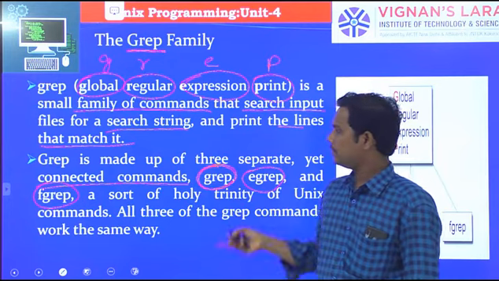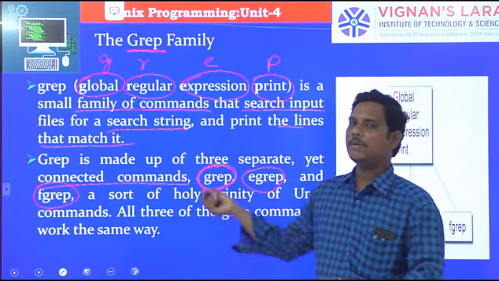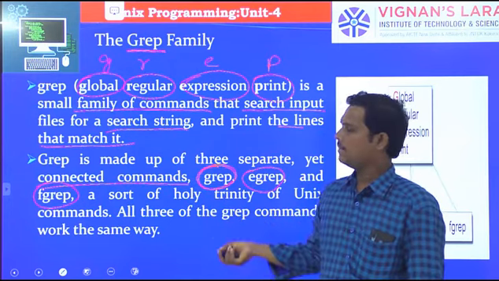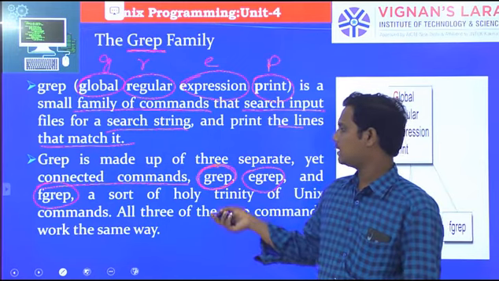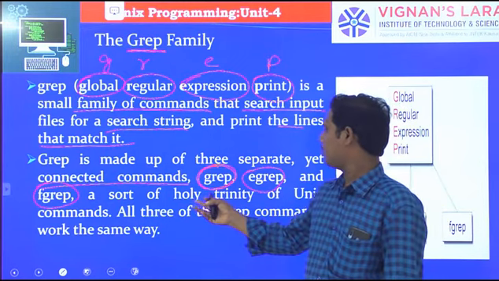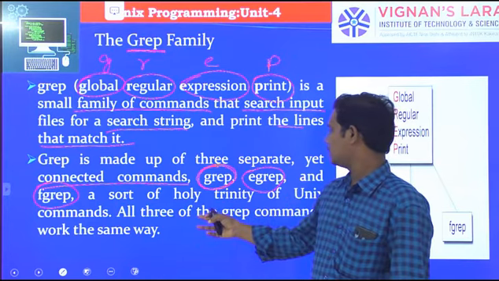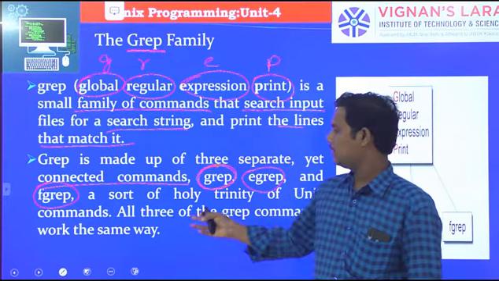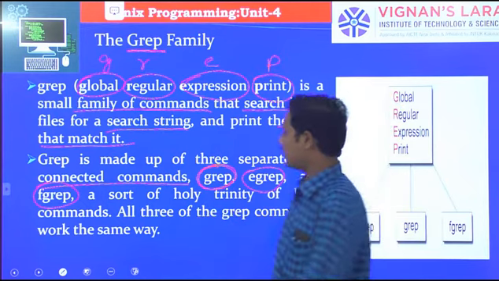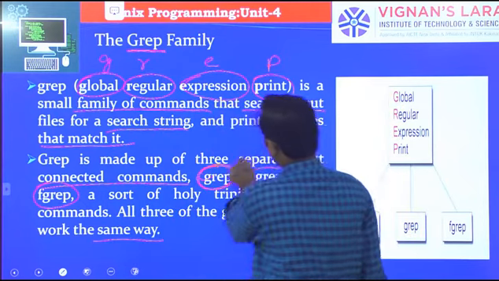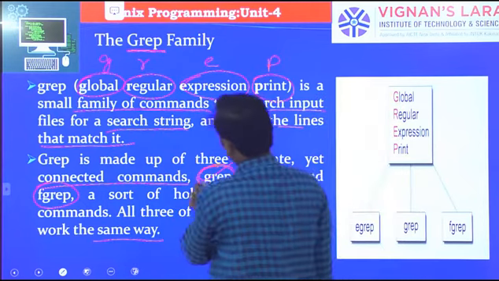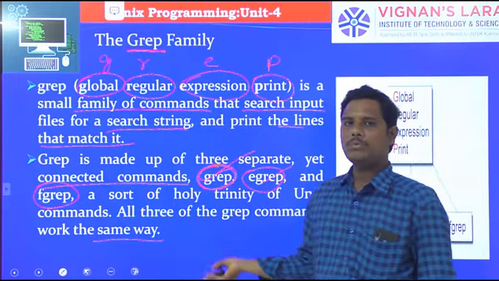The same operations will be followed. There is a little bit of difference, which I will explain later. It is a sort of whole trinity of Unix commands; all three work in the same way, and the same output will be displayed.